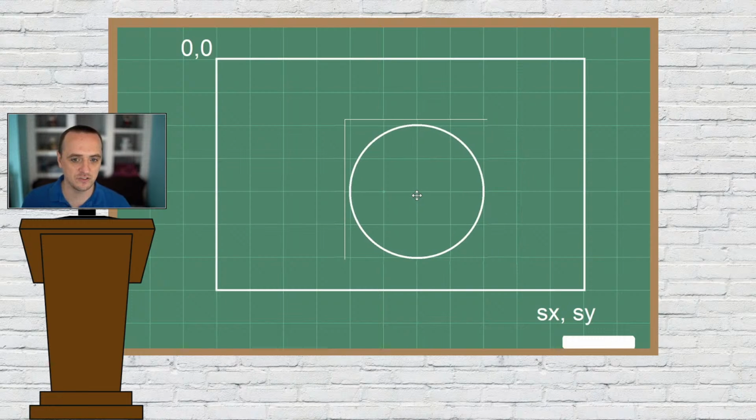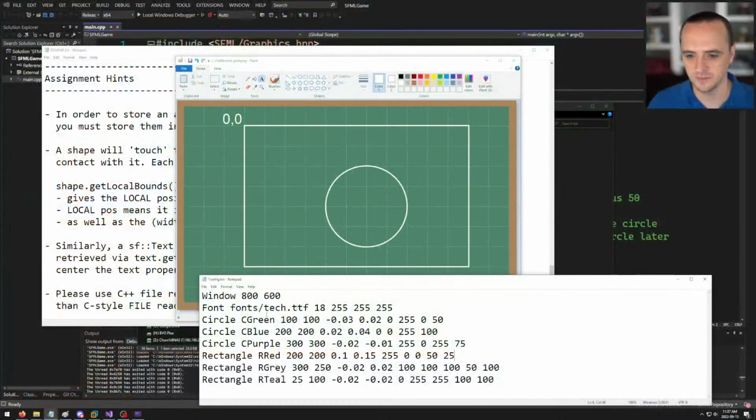So that's why I have something like 0.1. So what's going to happen to our red shape, if I go over here and I look at the config file again, our red shape has an x speed of 0.1 and a y speed of 0.15. So at 60 frames per second, which we're going to limit our thing to, it's going to move 0.1 per frame.